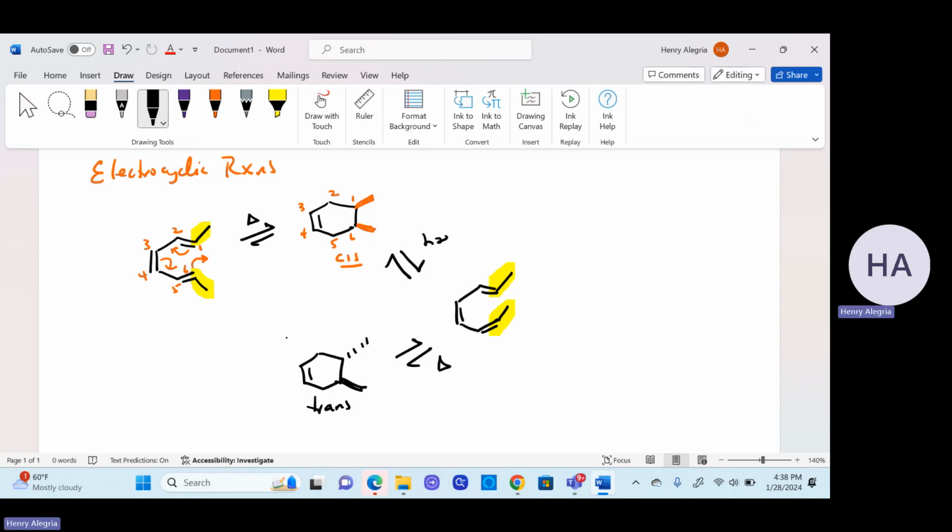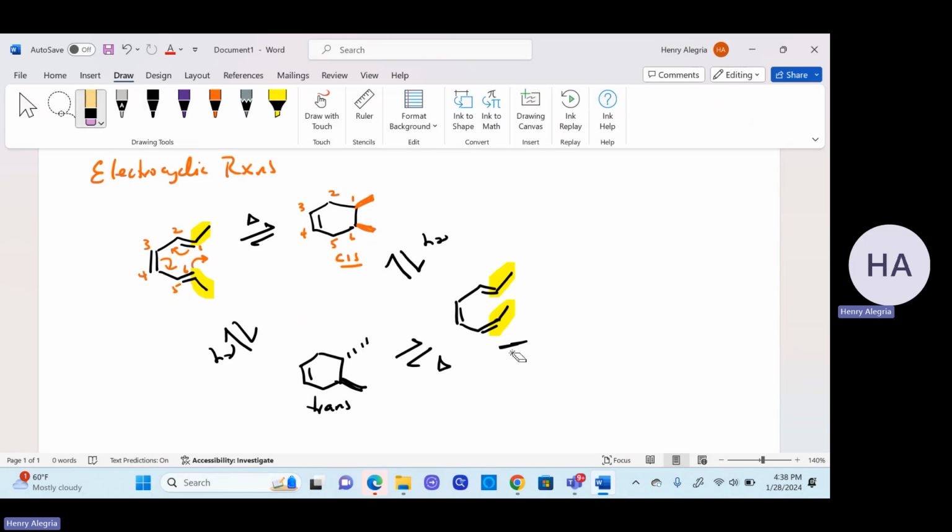And if I go ahead and I complete the cycle, I take this and I treat it with light this time, I will get the original one. If I treat it with heat, I get this one. If I treat it with light, I get the very first one that I had started off with.